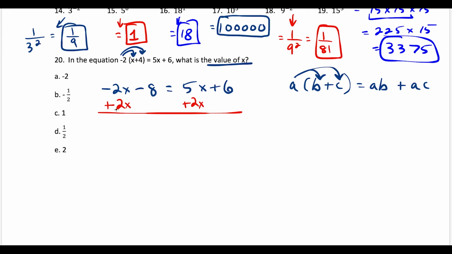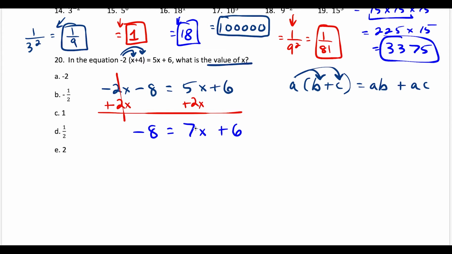I can't just add 2x to the left and not do anything to the right. If I add 2x to the left, I have to repeat that on the right side. So now on the left side, negative 2x plus 2x cancels, and we're left with just minus 8 equals, and now these are like terms. They're both x terms. So 5x plus 2x, I'm just going to add the numbers in front of the x. 5 plus 2 is 7. So you have 7x plus 6.